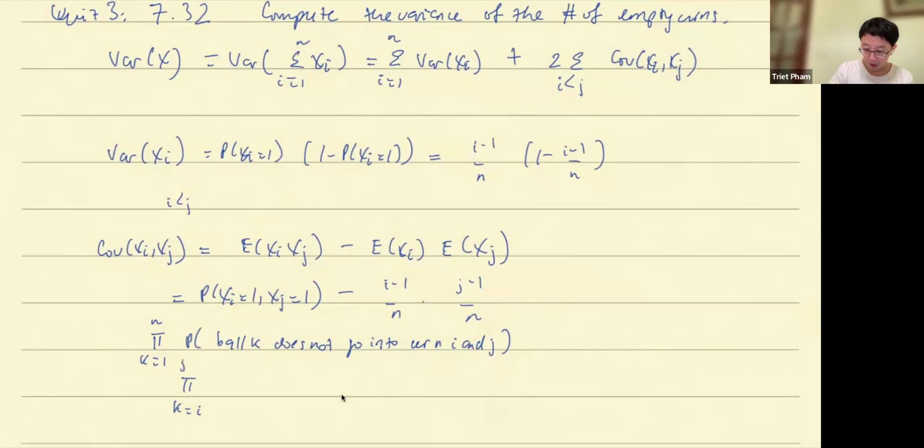But if it's between i and j minus 1, then it can only go into urn i, not urn j, right? So that's going to be i minus 1 over i. And then from j to n, it can go into either one. So it's going to be, sorry, this is k minus 1 over k.